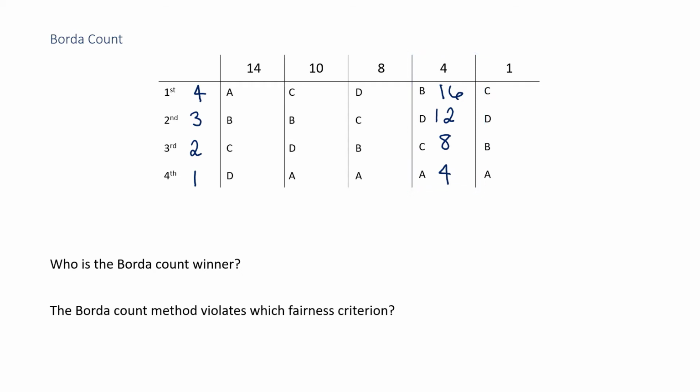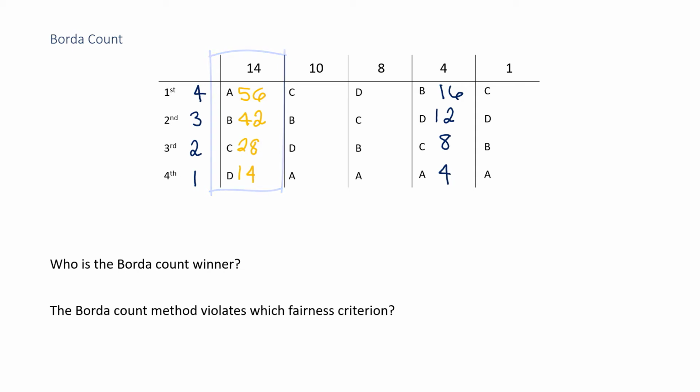Let's do that for the A, B, C, D ballot. That means each of the places we multiply by 14. First place, 14 times 4 is 56. 14 times 3 is 42. 14 times 2 is 28, and 14 times 1 is 14.